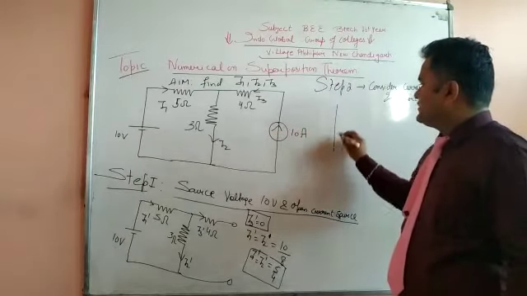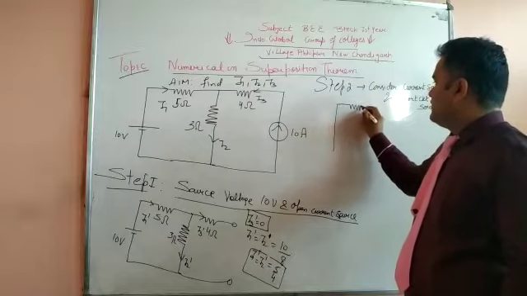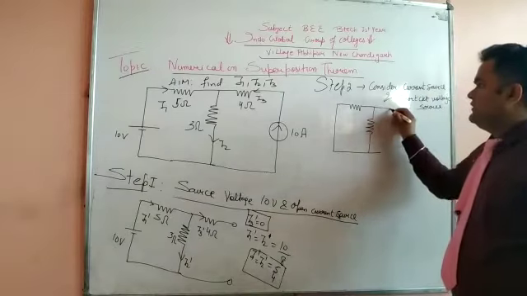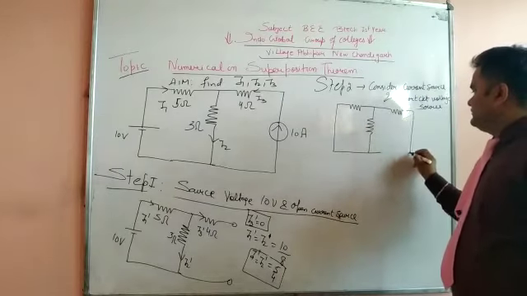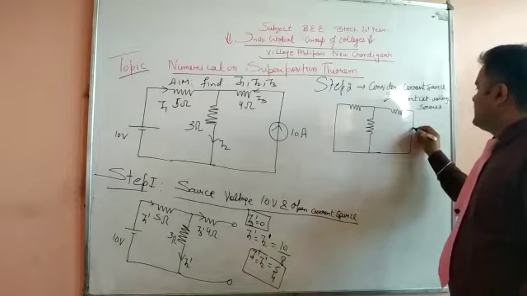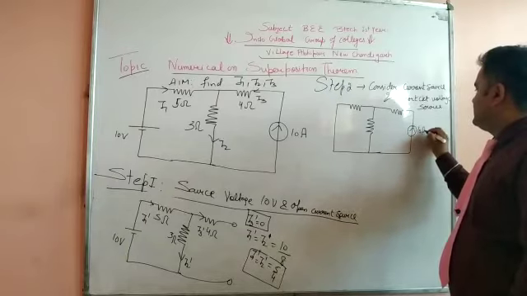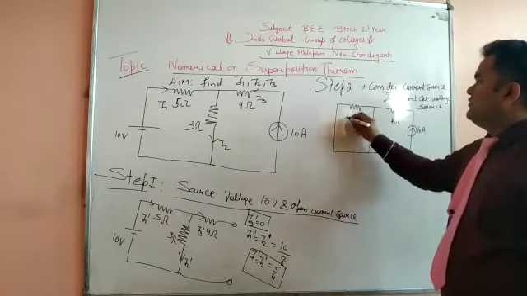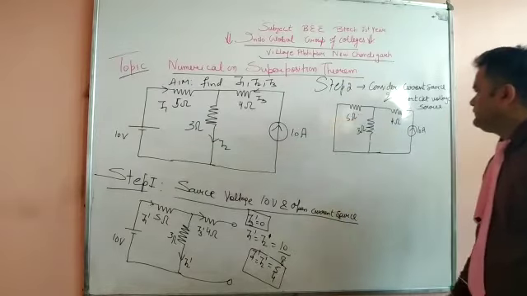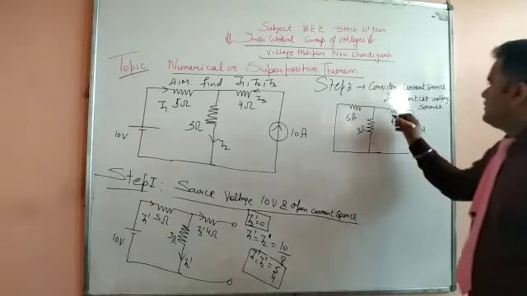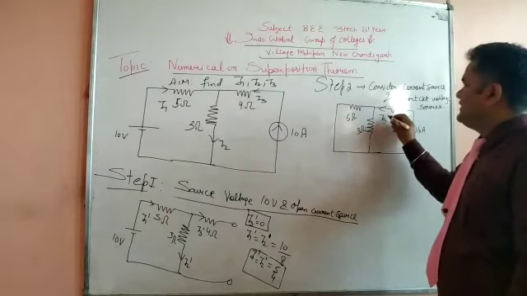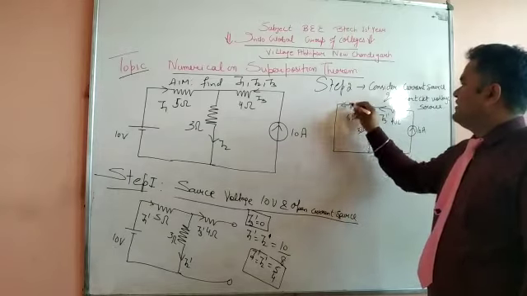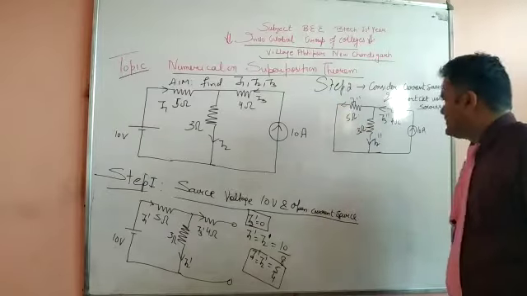I have short circuited the voltage source 10 volt. Now this is a current source 10 ampere, 4 ohm, 3 ohm, 5 ohm, and now assume the direction of current I3 double dash, I2 double dash, and I1 double dash.